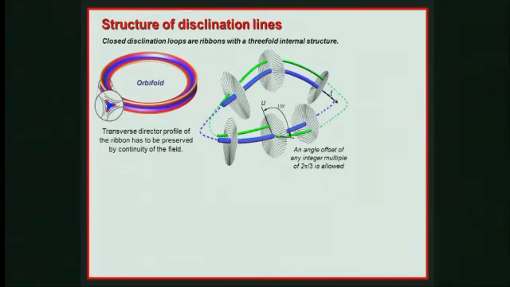The disclination lines are not just simple lines, but they have internal structure. They have a threefold cross-section, this hyperbolic cross-section, and they can be treated as ribbons, actually. When they entangle many particles around, they can acquire an angle offset of any integer multiple of this 120 degrees.